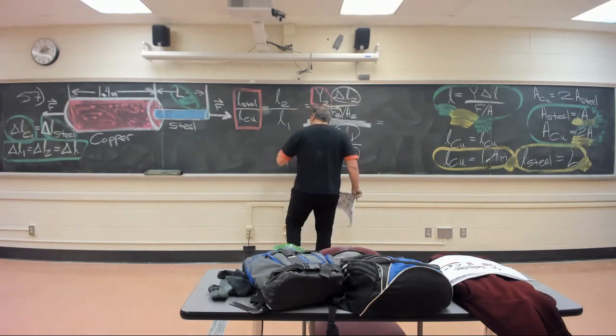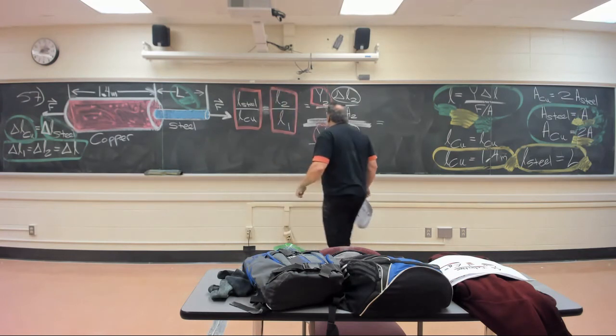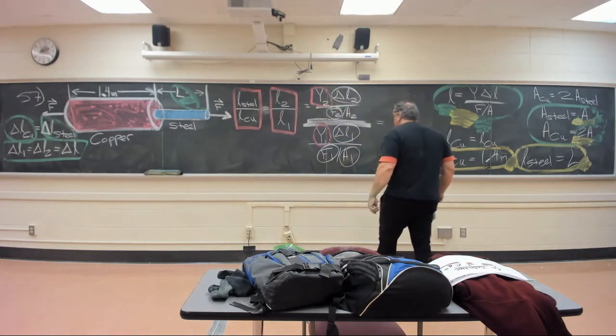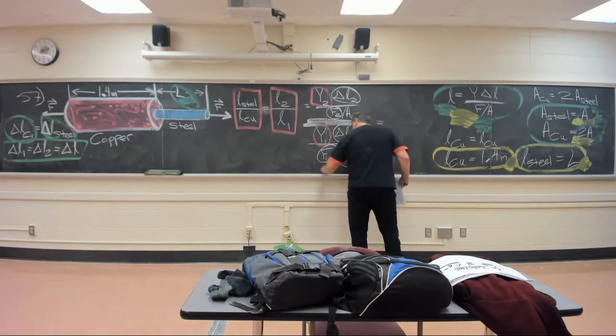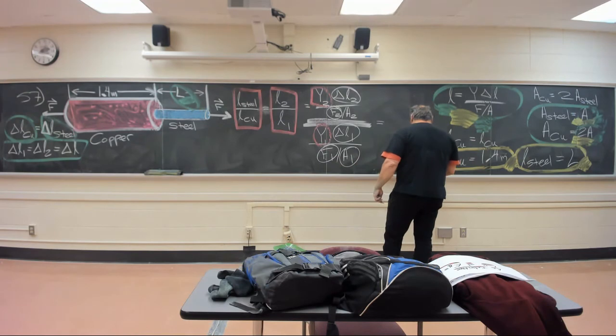I'm going to call the steel this guy. All right, well, what's going on here? We've already said a lot of stuff, guys. We're not going to lose a lot of sleep on it. Let's just do the job.